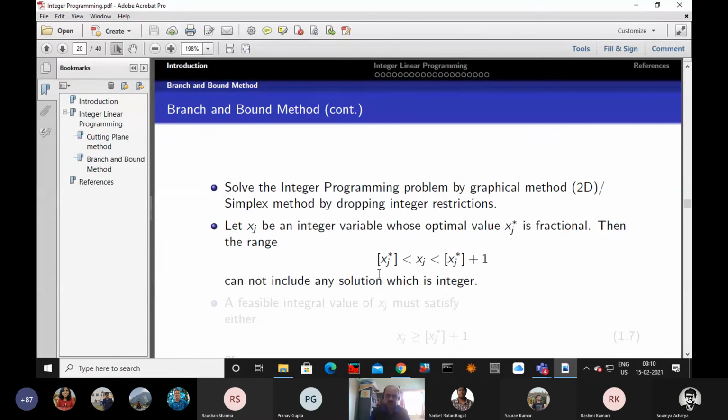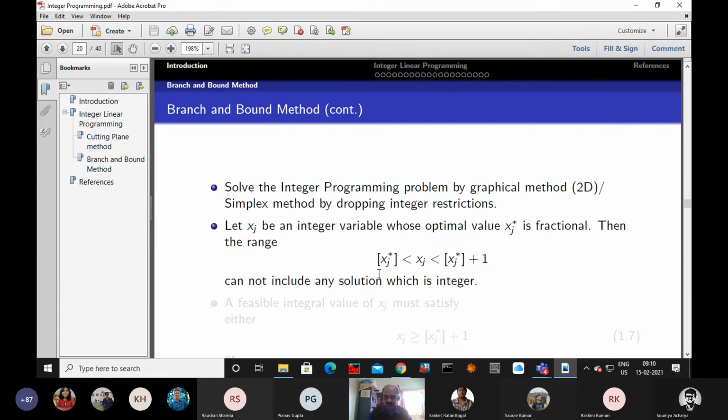In between 2 and 1, is there any other integer solution? No. This interval cannot include any solution which is integer. Please note, this is a basic principle. Because xj is less than 2 and greater than 1, in between 1 and 2 there is no integral solution.